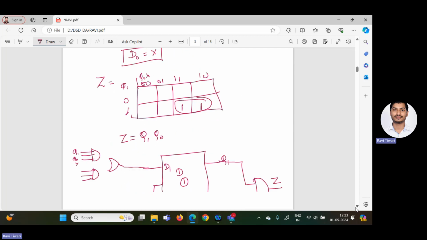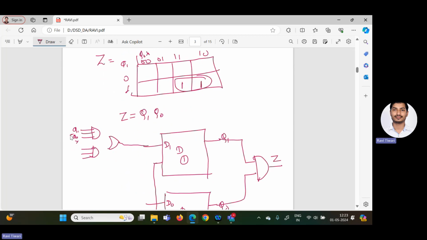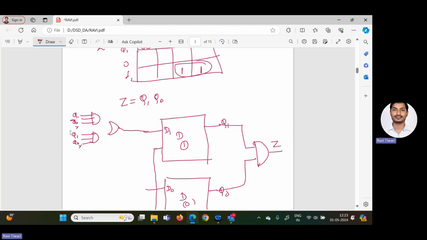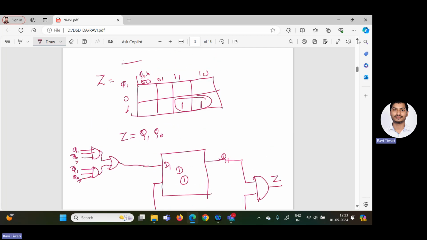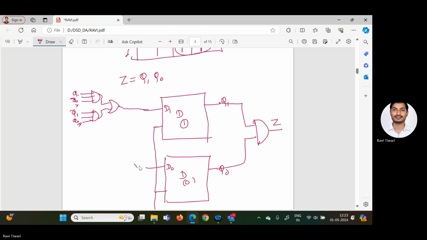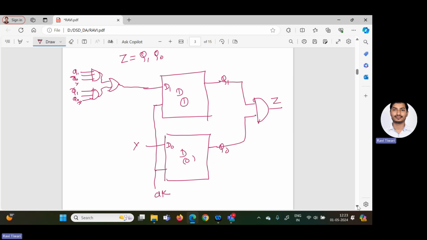So here you change to Q bar. Clear? Similarly, here I am writing Q1 Q0 X and also checking what is the expression. Here it is Q1 bar Q0 and X bar. So this is bar and this is bar, right? After that, it will be given to the OR gate, and that is your D1. What is D naught here? D naught is X. So here you can write down X. So this is the diagram for 101 in the case of non-overlapping.